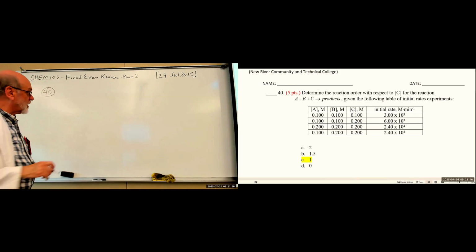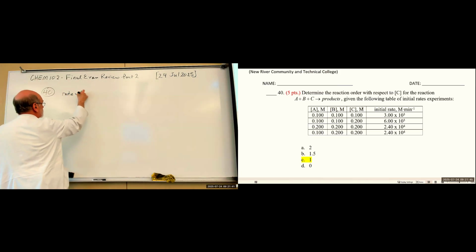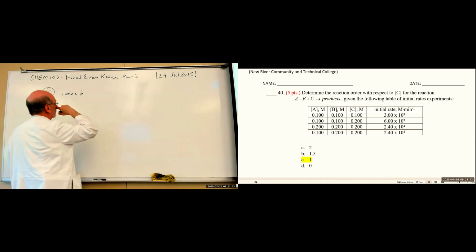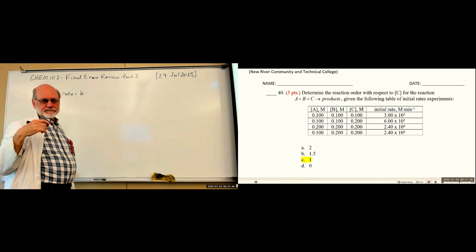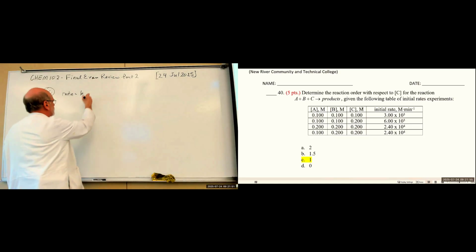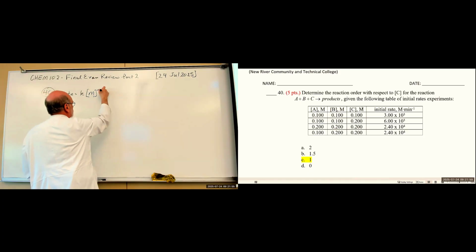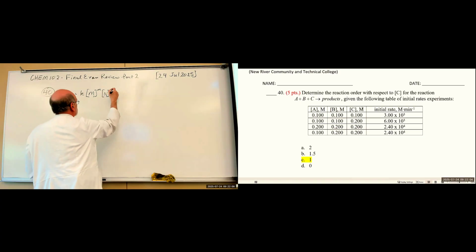And if we write out the rate law, then we have M to the little m, and to the little n.